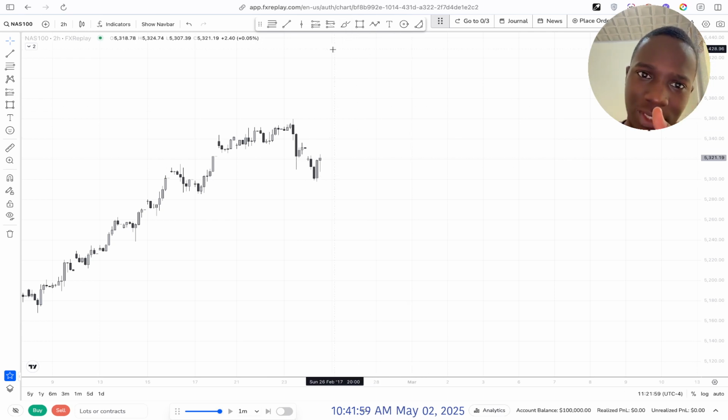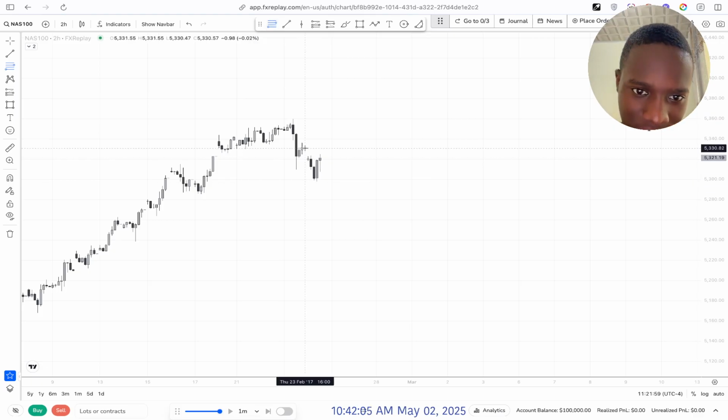So if I remember how to use projections, we get the false move, which was the sweep, like this one, then target higher like this. Sorry, I mean like this, yeah, this high, this low, exactly.